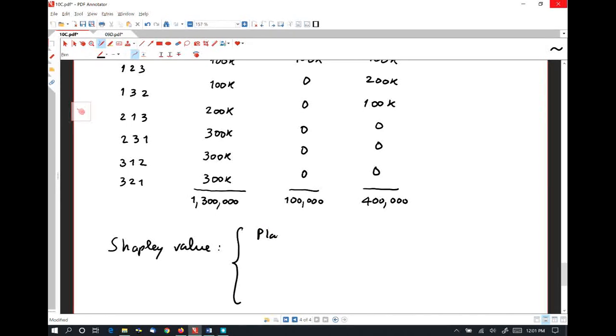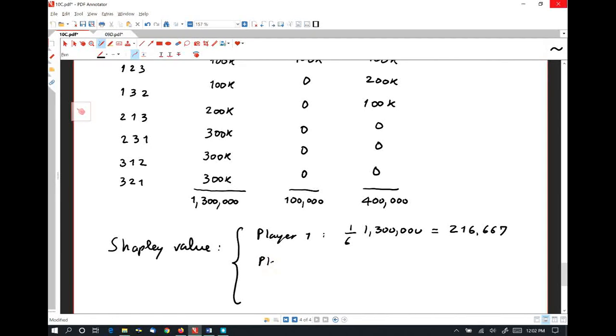For player 1, we have 1/6 of 1,300,000, which is equal to 216,667.